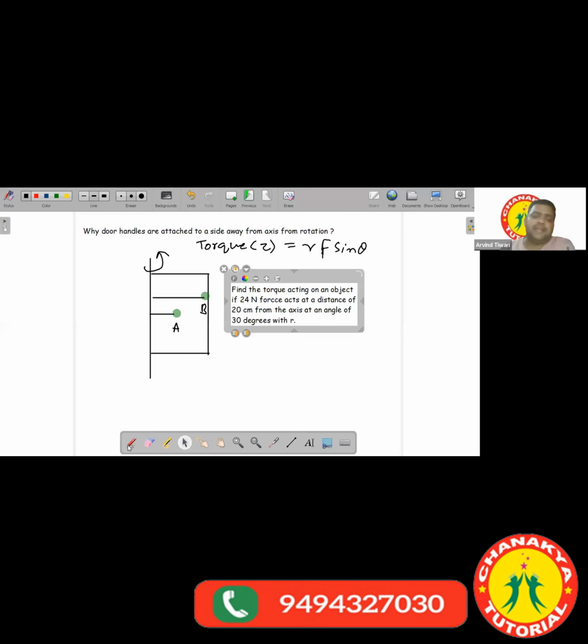Okay, so you will be getting your answer as torque equals r F sine theta, where r is 0.2 multiplied by F, which is 24, multiplied by sine 30. Sine 30 is 1 by 2. So you get 2.4 Newton meter. Is this what you get?